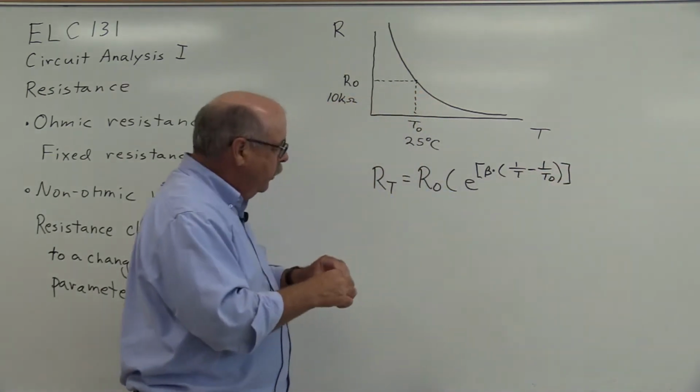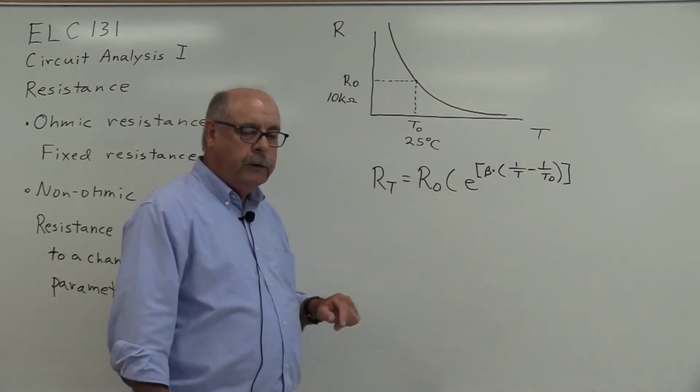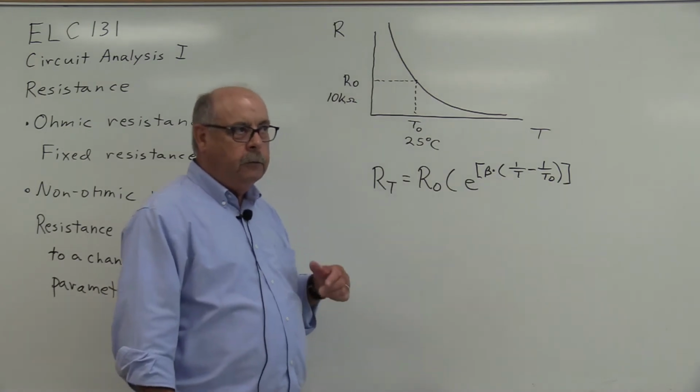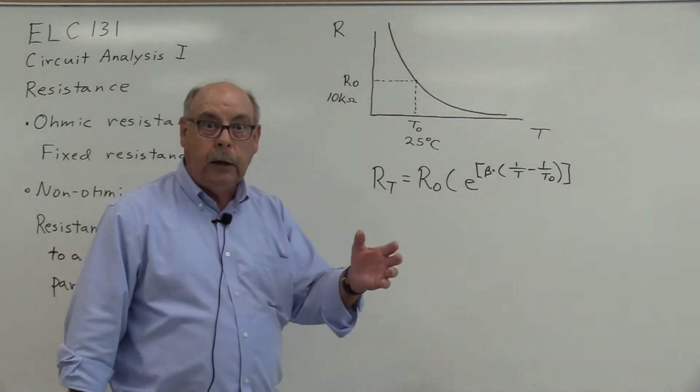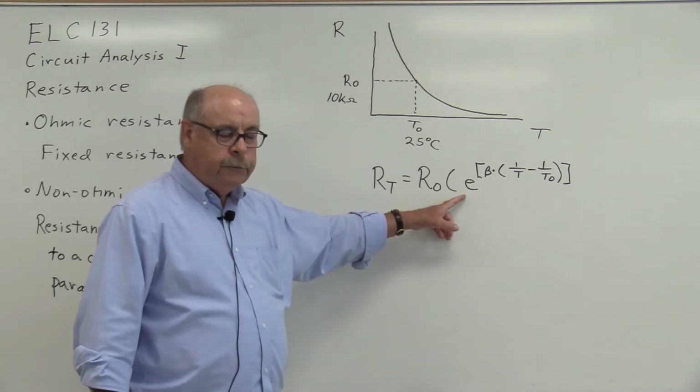And of course e is just a number, kind of like pi. e equals 2.781828 or something like that. e just describes how things change in nature.